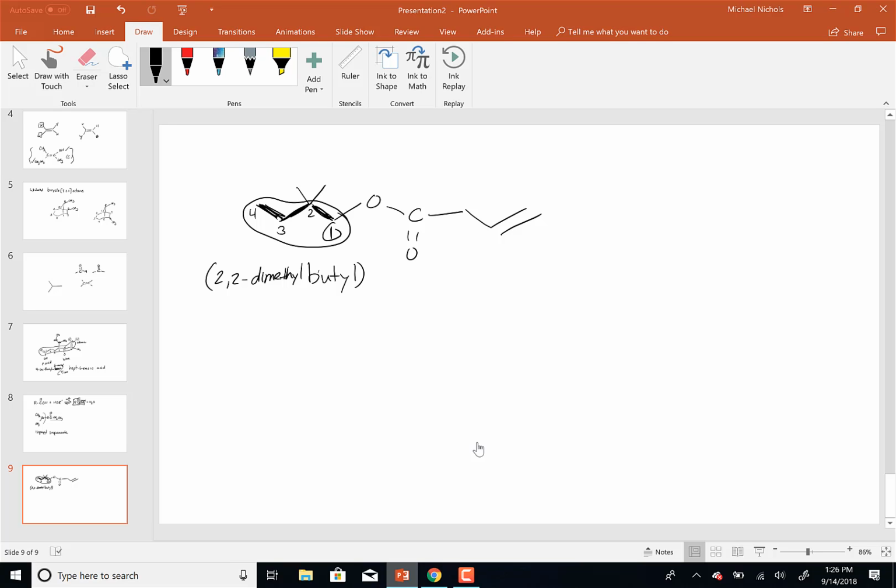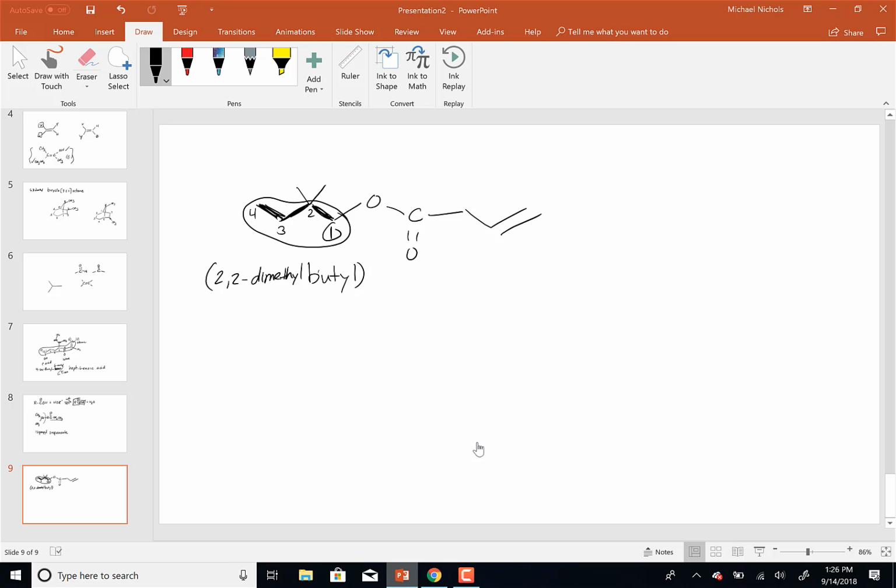It's like a fire hose of answers coming at me, not all the same thing. So it's a 2,2-dimethyl butyl. That alkyl group does not have a common name. If it was something like tert-butyl or isobutyl or tert-pentyl, we would use that common name. But if it doesn't have a common name, then we have no choice but to use the IUPAC rules.